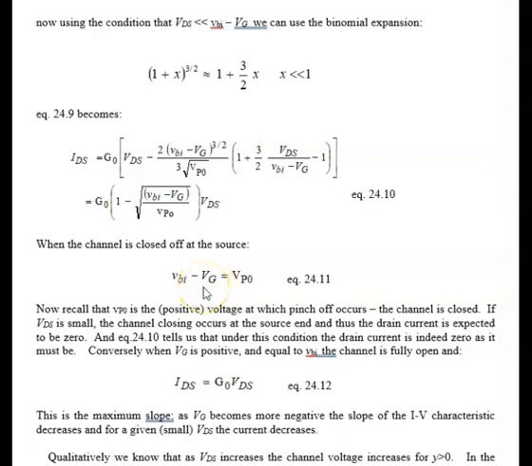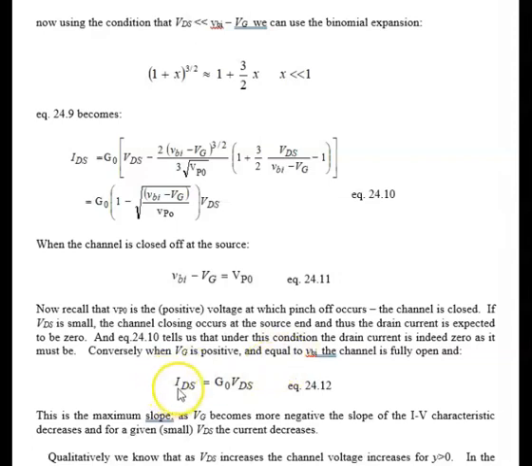And let's see, the other thing is when VG is equal to VBI. VBI is this inherent barrier in the metal semiconductor channel, so that's when we're fully opened, at least at the source end.